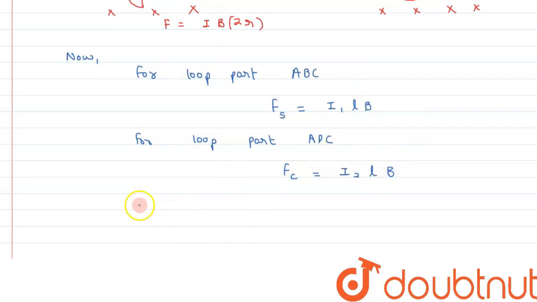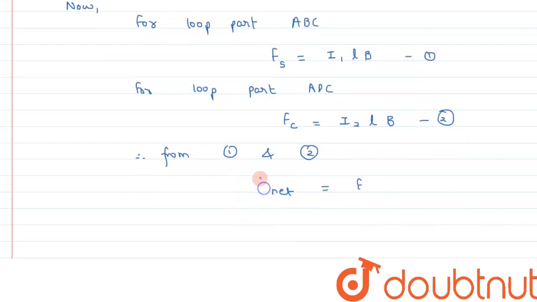Let's say this is equation number 1 and this is equation number 2. Therefore, from 1 and 2, the net force on the loop can be written as F_square plus F_circular. We are not going into the direction, we are just calculating the magnitude.